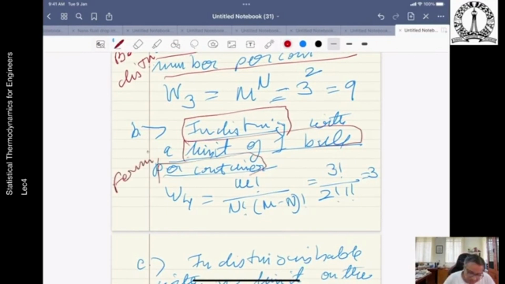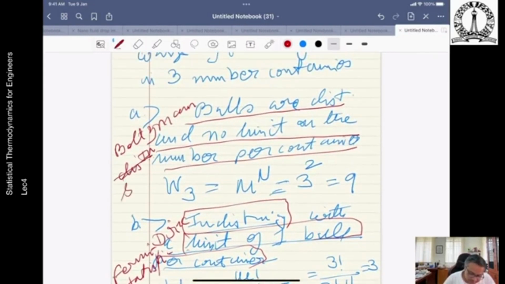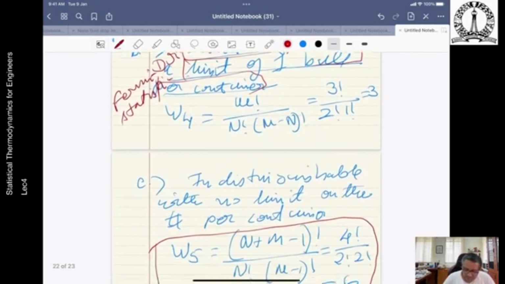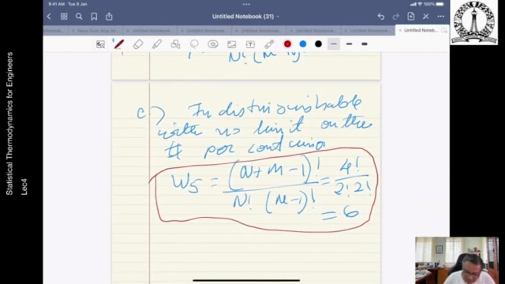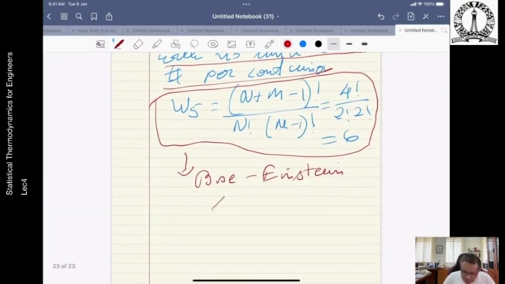It is called Fermi-Dirac statistics. And the last one, which is indistinguishable with no limit on the number per container, is called the Bose-Einstein statistics.